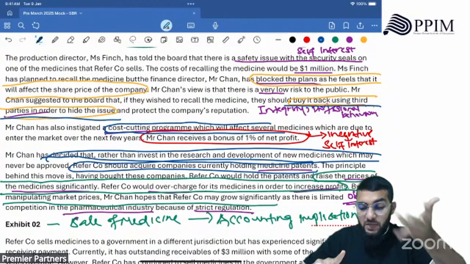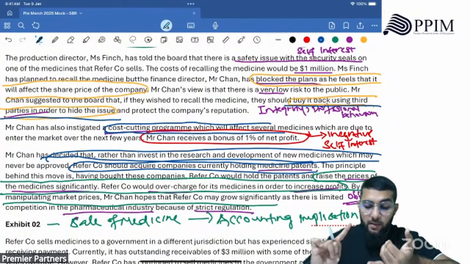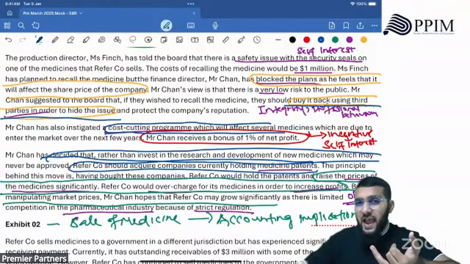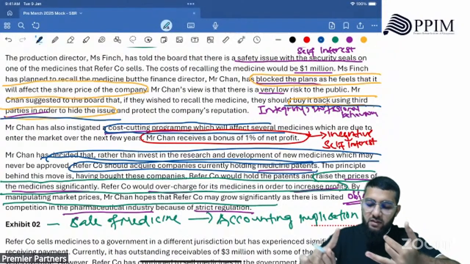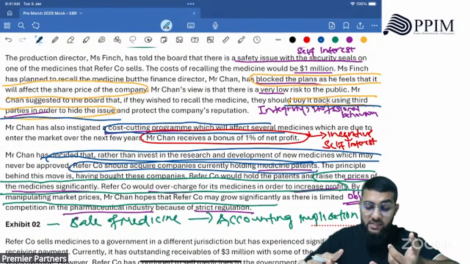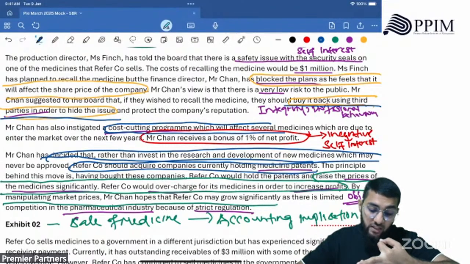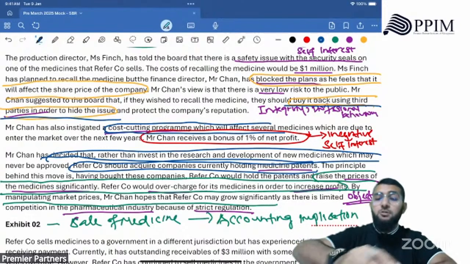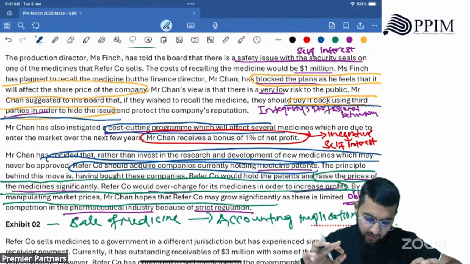So the general public is being impacted by overpricing, by substandard medicines, or by safety, as medicines that are not safe impact the public. Then the medicines that are due to enter the market, cost cutting impacting them, again puts the general public's lives at risk. And not investing in research and development means they would not be able to develop further medicines, right?